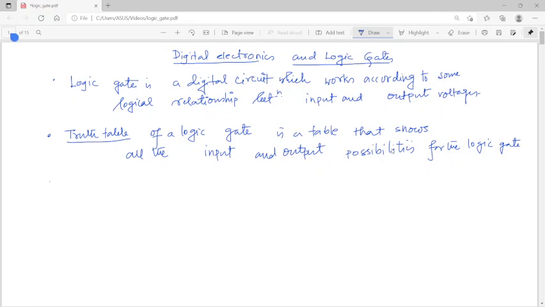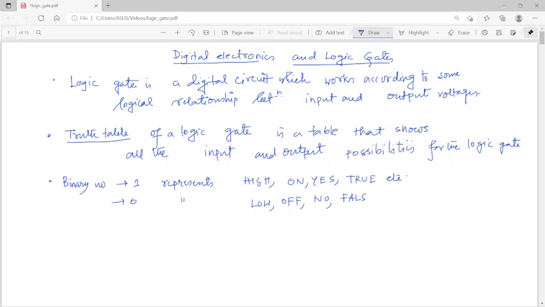And in that case, binary number 1 represents high, or on, or yes, or true, whatever it may be, and 0 represents, in some books, low or off or no or false.